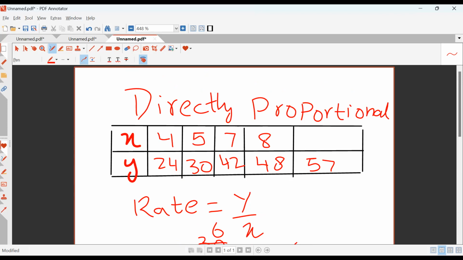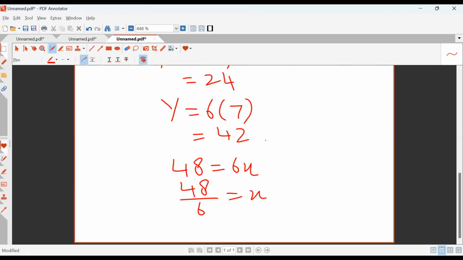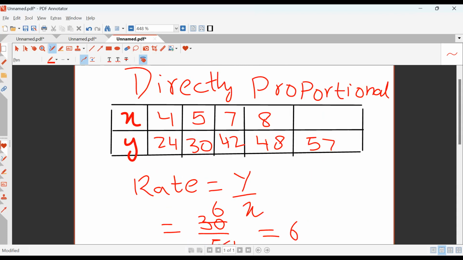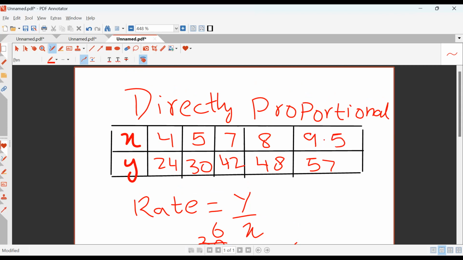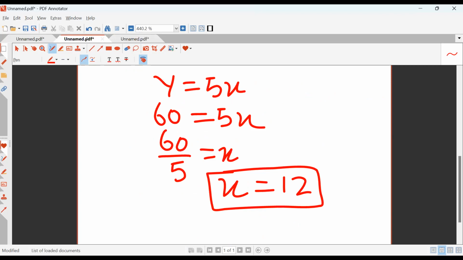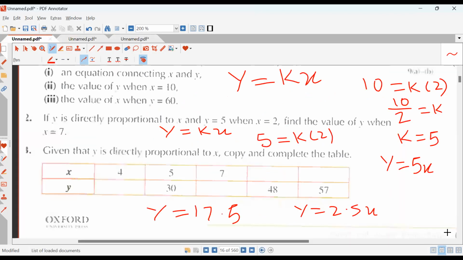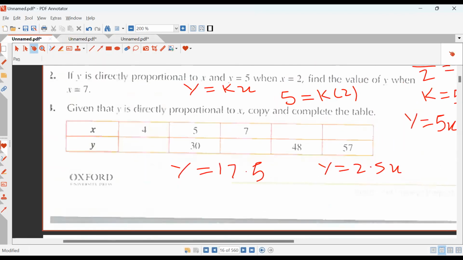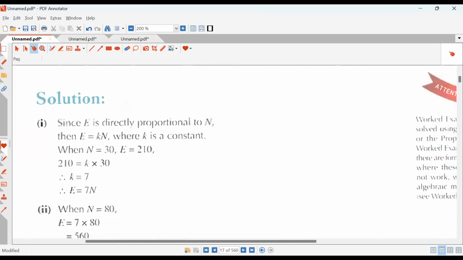Then for y equals 57, x equals 57 divided by 6, which is 9.5. This is the solution for this question. So we have completed the table.